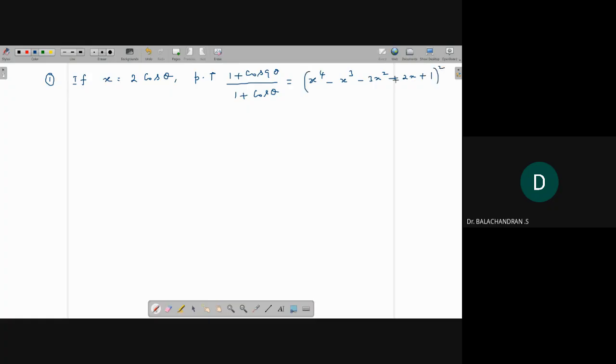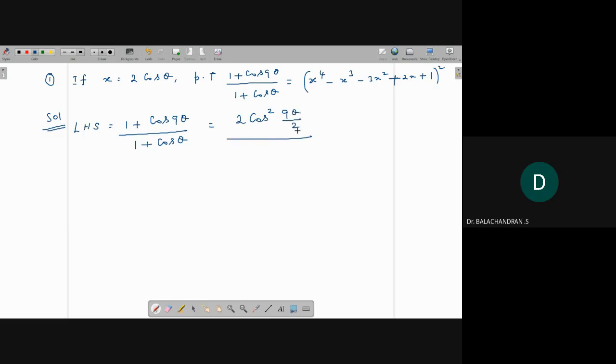Okay, I think I gave this problem as a first practice problem. So let us take the left hand side. So 1 plus cos 9 theta by 1 plus cos theta.